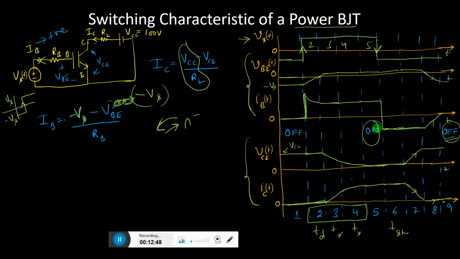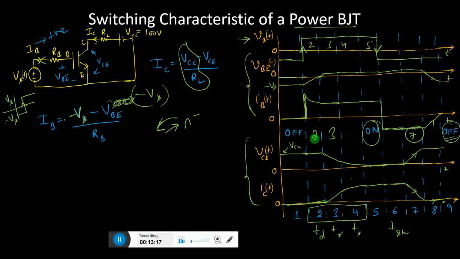So summarizing, in the on and off stages, during time 3 we find the rise time, and in stage 7 we find the fall time.